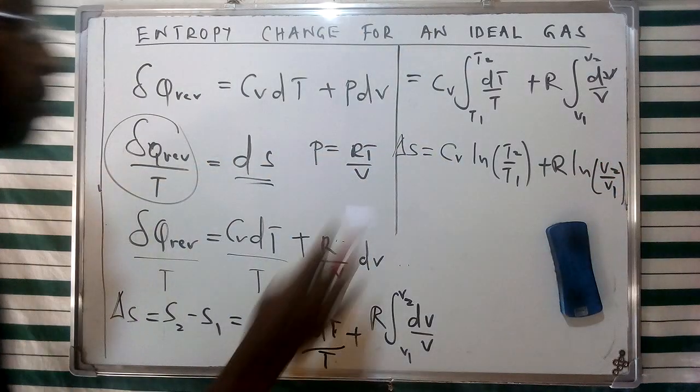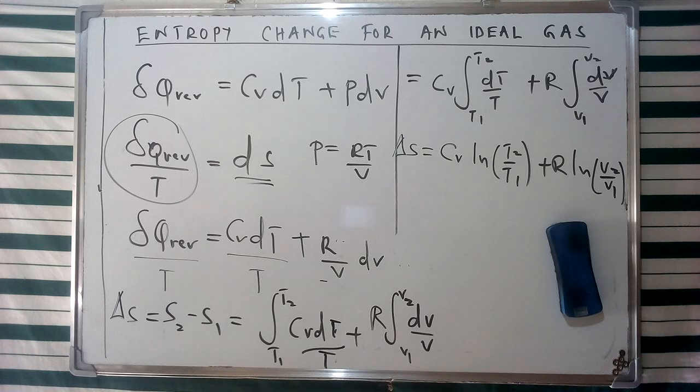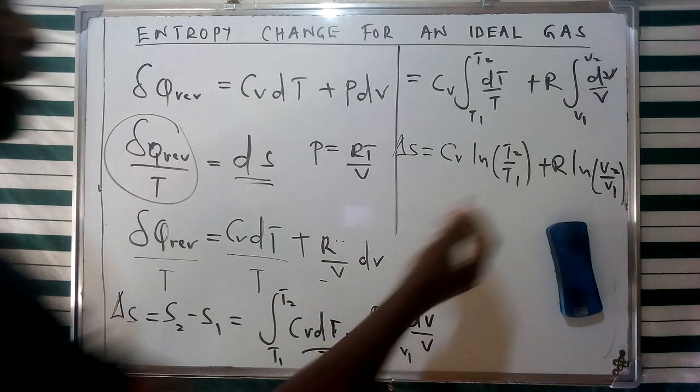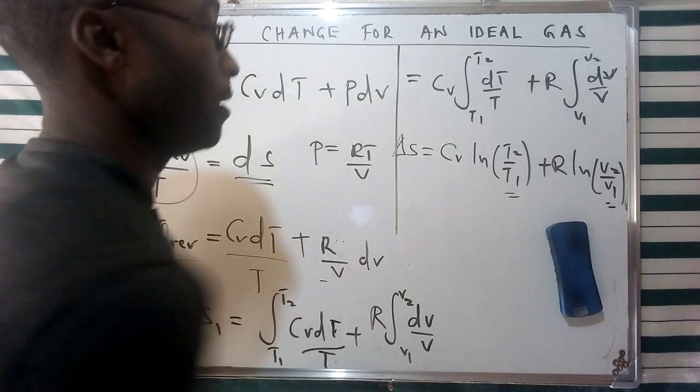So this is what we said was a representation of entropy, and we said we can consider, from the ideal gas equation, this change in entropy, taking the initial and final temperatures as the variables in this condition.